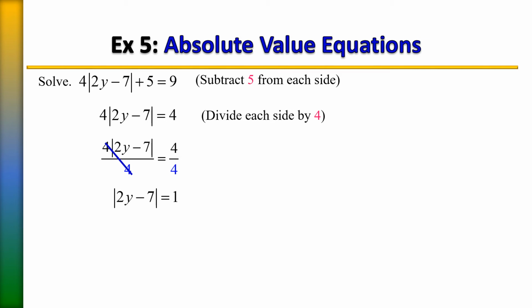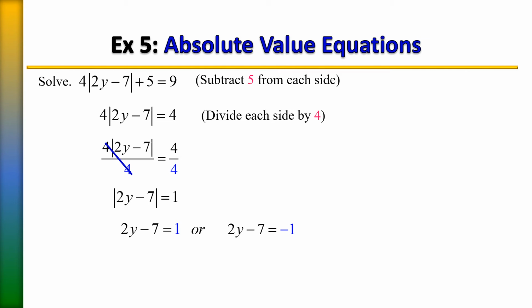The absolute value property states that if you have an absolute value equal to some number that is greater than 0, then you're going to have two separate equations, both the negative and the positive. So what you're going to have is 2y minus 7 equals 1, and then 2y minus 7 equals negative 1.